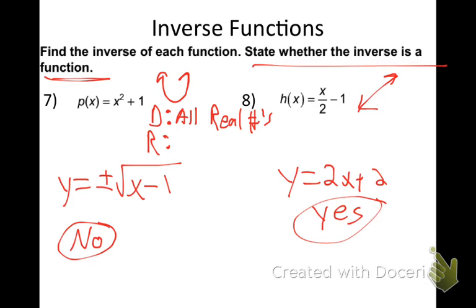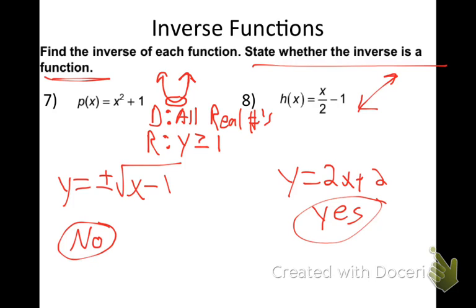Yes, because negative 100 gets me 10,000 plus 1. Do I get all y values back out here? I do not. Because what type of parabola do I have? My parabola is going up here, right? Wouldn't I have a minimum value here somewhere? Yeah. My minimum value here is at y greater than or equal to 1. My range is y is greater than or equal to 1.